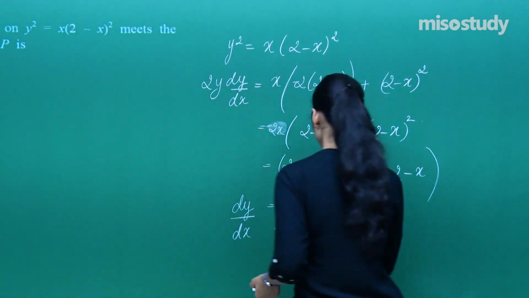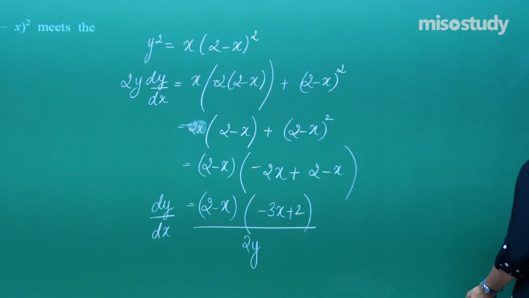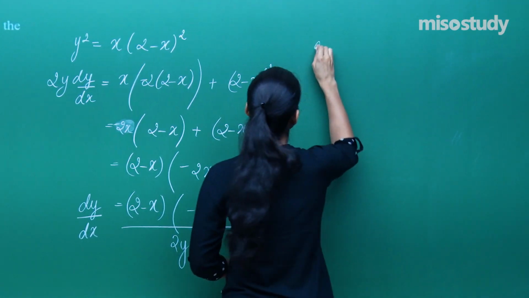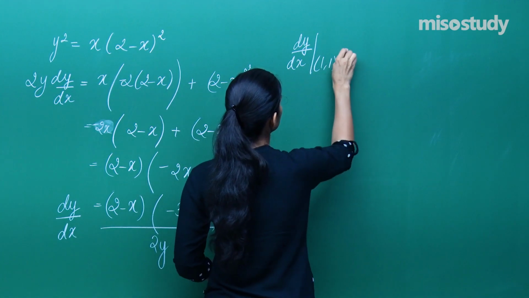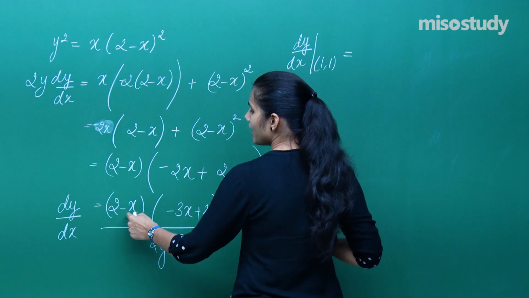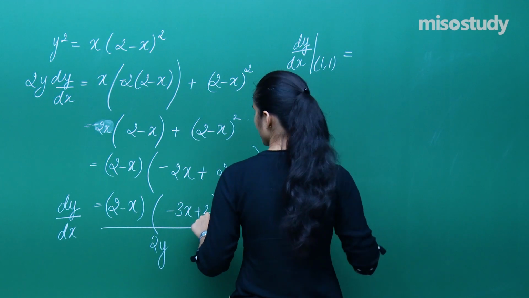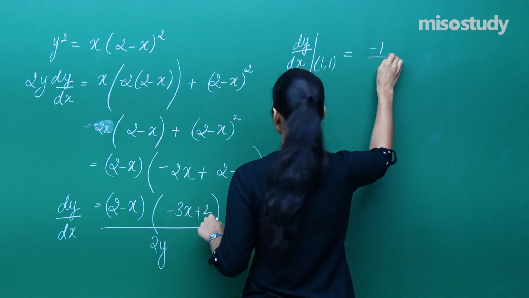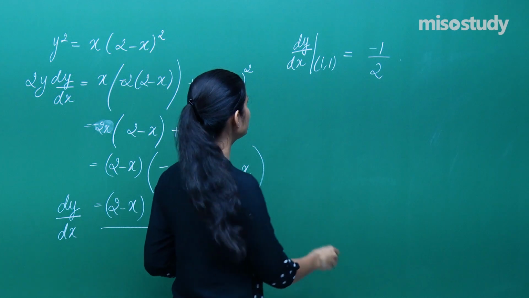What is dy by dx at the point (1, 1)? That is what we need to evaluate. It is 2 minus 1, that is 1, times minus 3 plus 2, that is minus 1, whole upon 2 into 1, that is 2. So, minus 1 by 2.